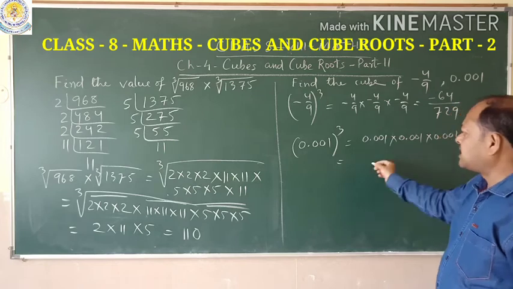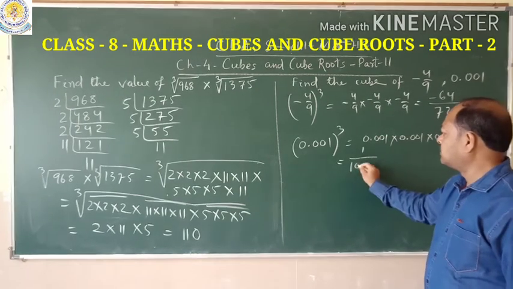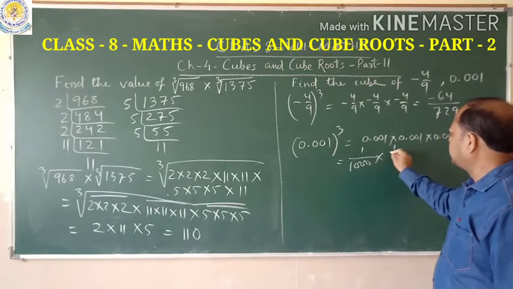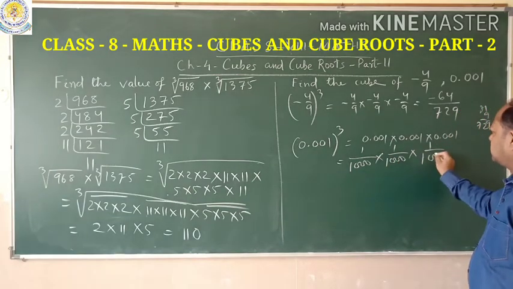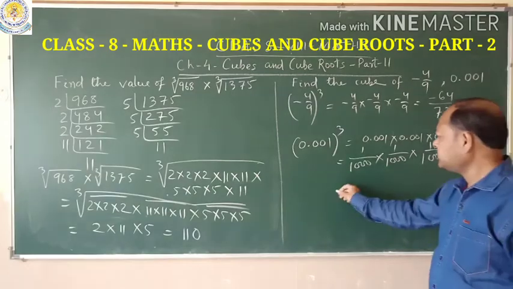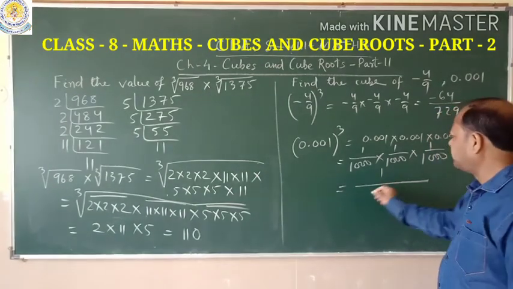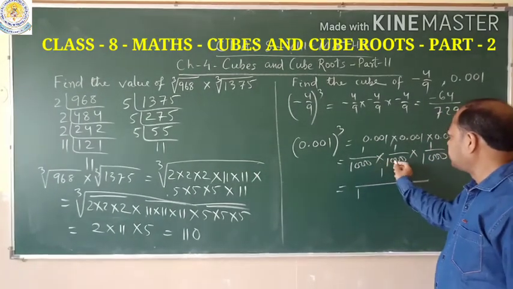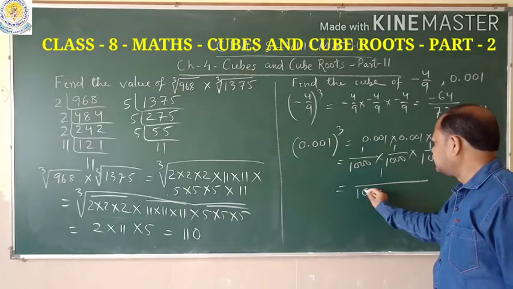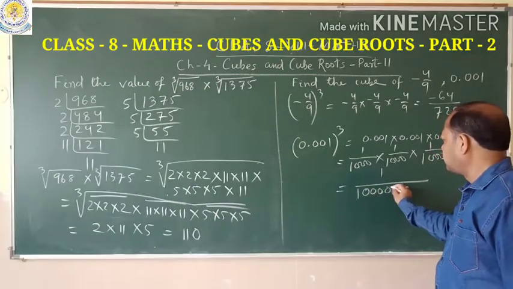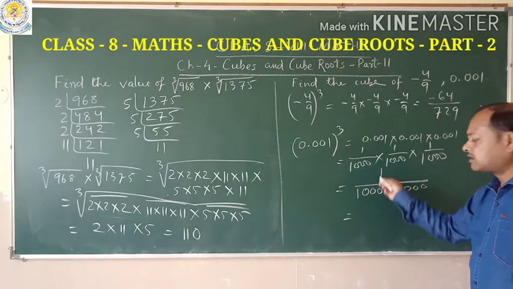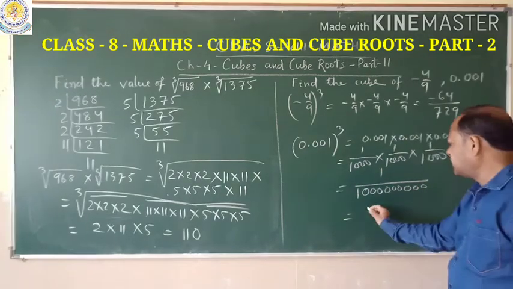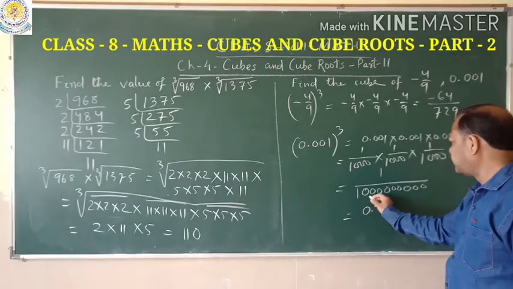It will be same as the fraction 1 upon 1000 into 1 upon 1000 into 1 upon 1000. So it will be 1 upon 1 followed by nine zeros. Count: 1 2 3 4 5 6 7 8 9. So again convert it to decimal form. It will be 0. How many zeros?